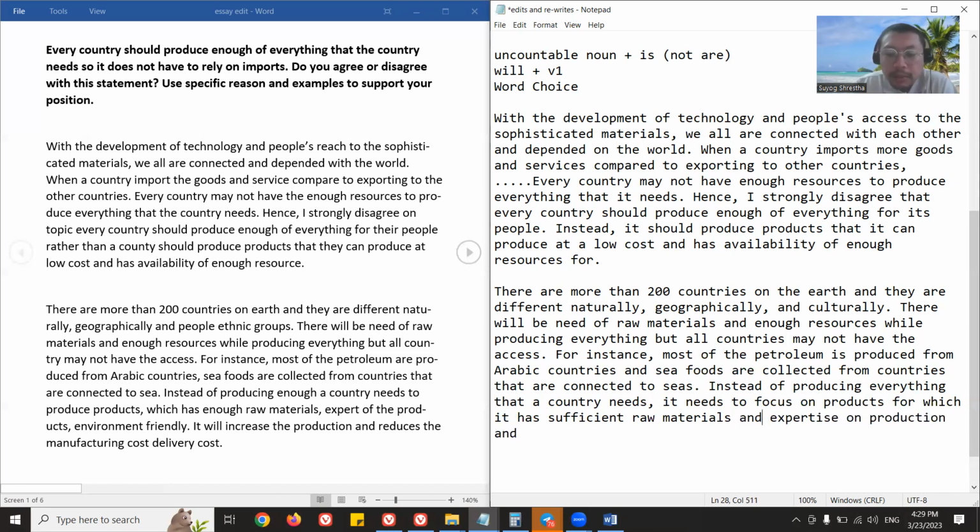Now I'm going to break the sentence because it's difficult to include that last point in that sentence. It needs to focus on products for which it has sufficient raw materials and expertise in production.